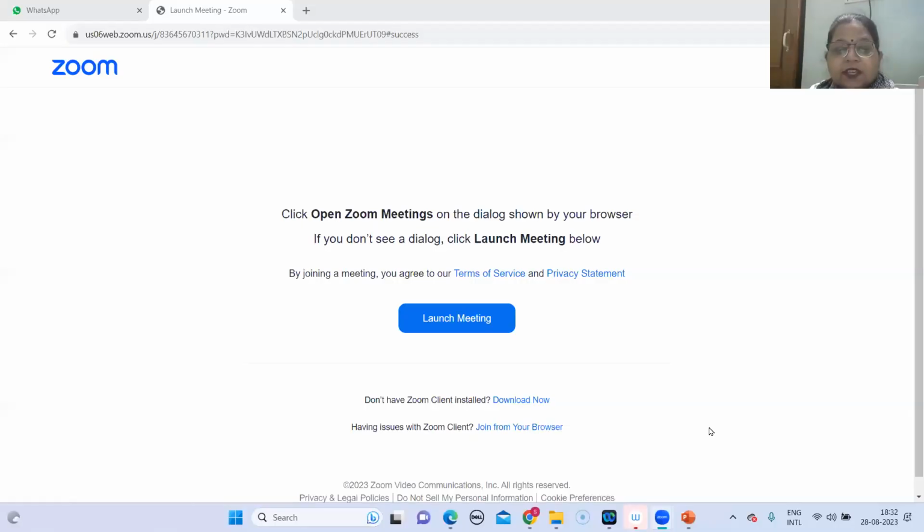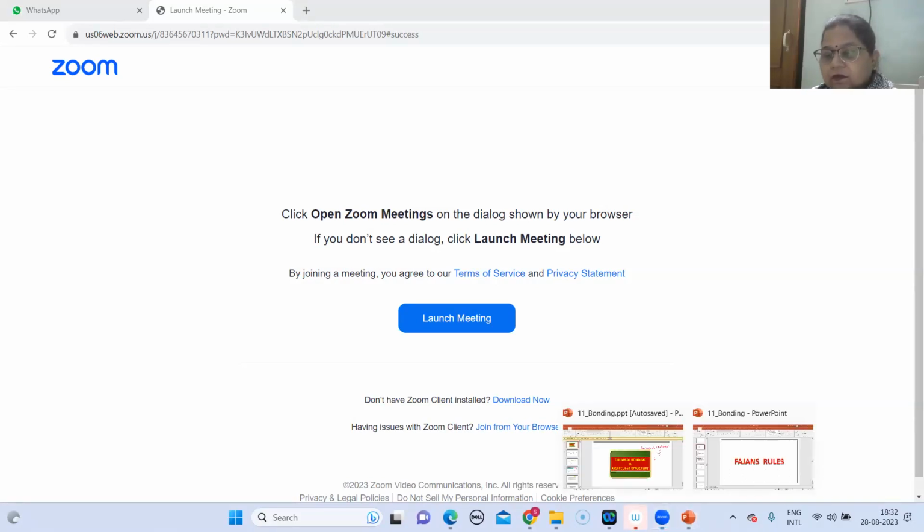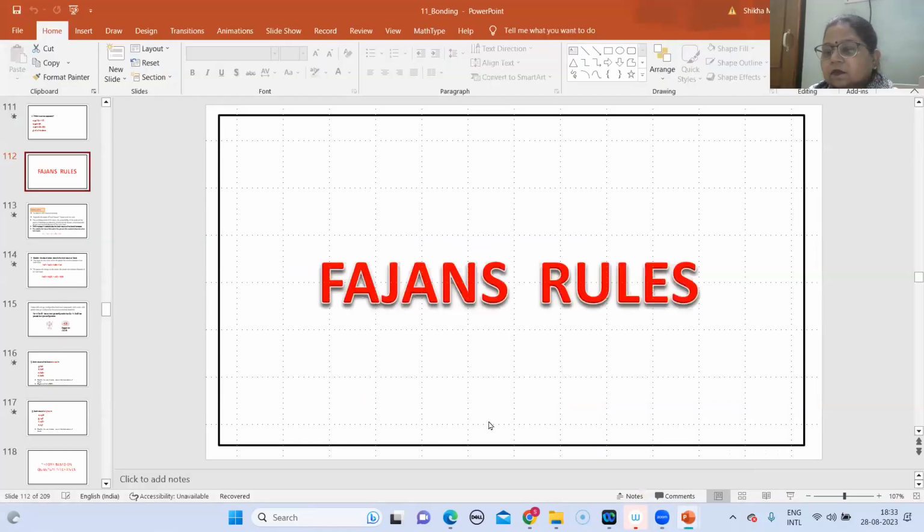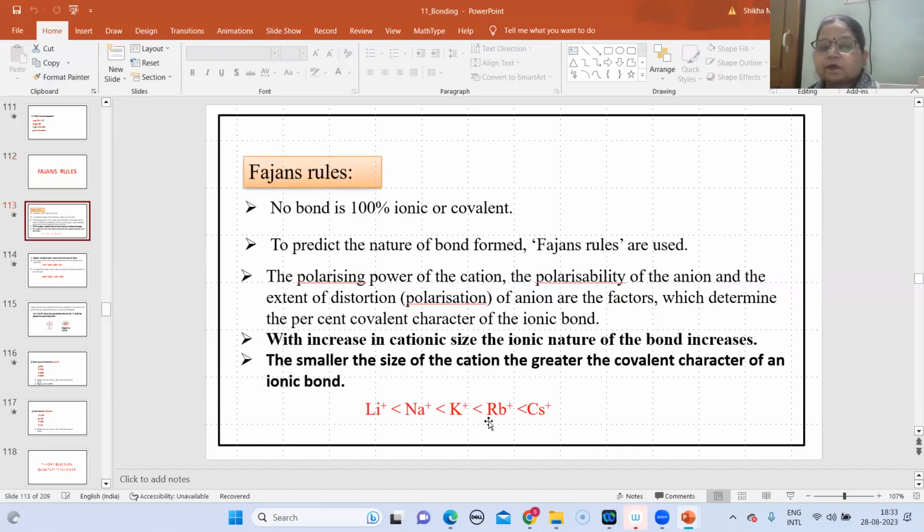We'll begin with Fajans' rule now, which is used for finding the covalent character. I hope everything is clear to you now. Let us quickly make up for the lost time.